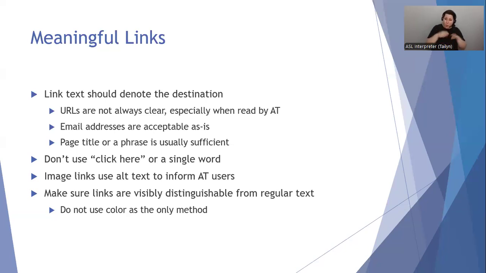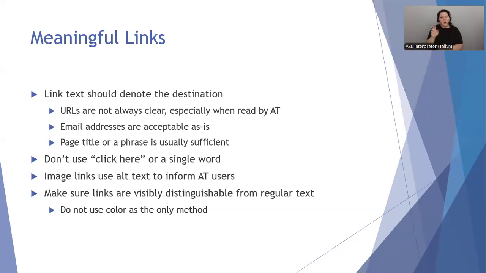We don't typically need to do that in documents because generally it's assumed that when you click a link in a document, it's going to open your browser, or open your email if you're clicking a link to a person's email address. But we want to make sure that we're at least giving them a good sample of where they're going. So usually the title of a website, or if it's an email address and you format it as an email address, that's very clear to people.